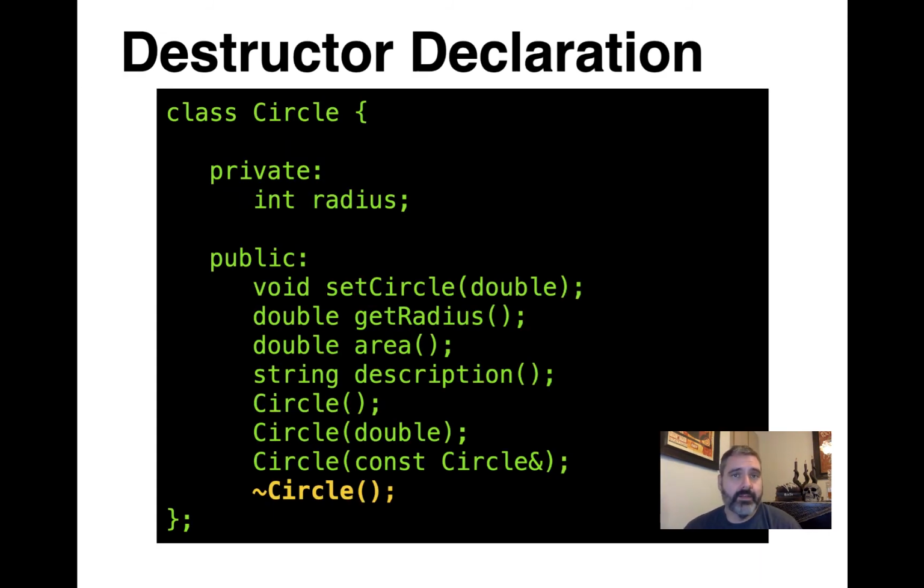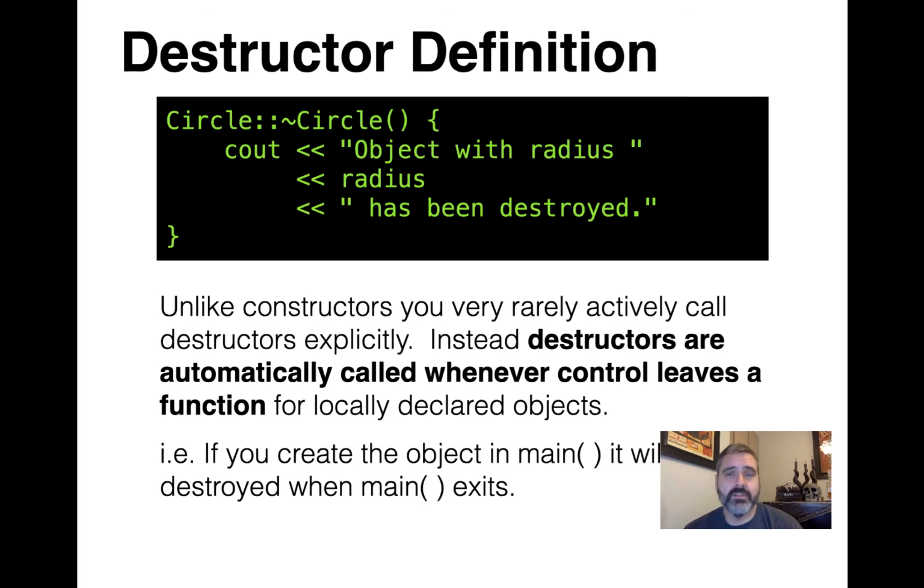So this is what a declaration for a destructor looks like. It looks just like the default constructor because it can't have parameters, but with a tilde in front of it. This is us actually defining or implementing our destructor. Here we've got circle, or it's a member of the circle class. It's called tilde circle. And here I'm just printing something to the screen, right?